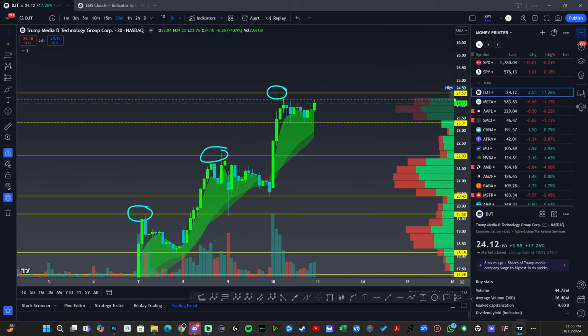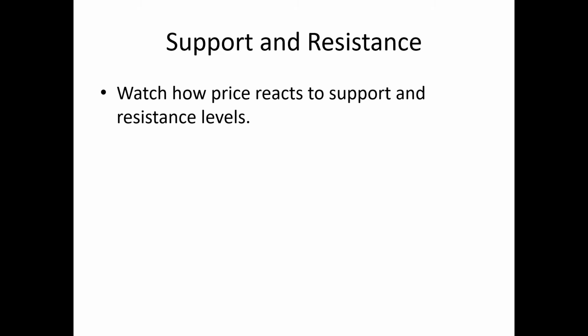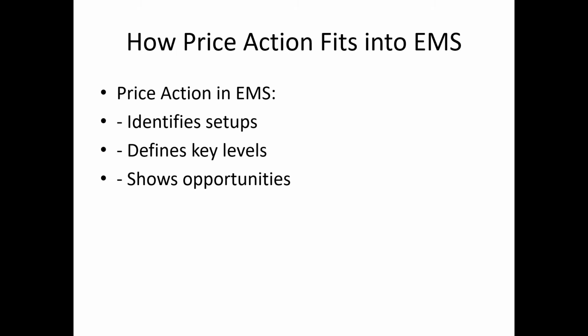Let's go back to the slides now that you have an understanding of what support and resistance is. So in EMS, we use price action to identify setups like peak pressure, which is resistance, and support, which is a base layer. These are critical points where the market is going to react.